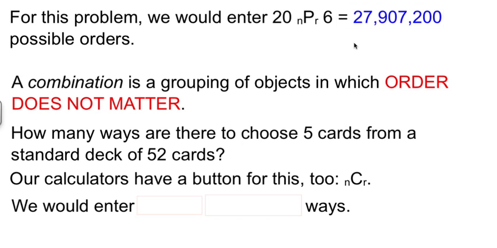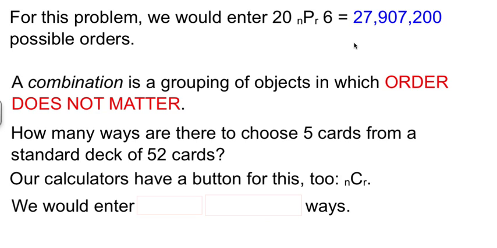And our calculator comes up with this beautiful answer of 27,907,200. And again, I'll be more than happy to show you where those buttons are on your calculator. But it's different for each model, so it's easier just to show you individually.